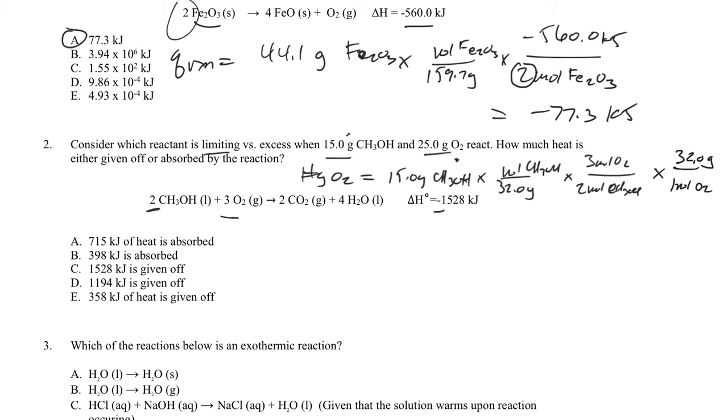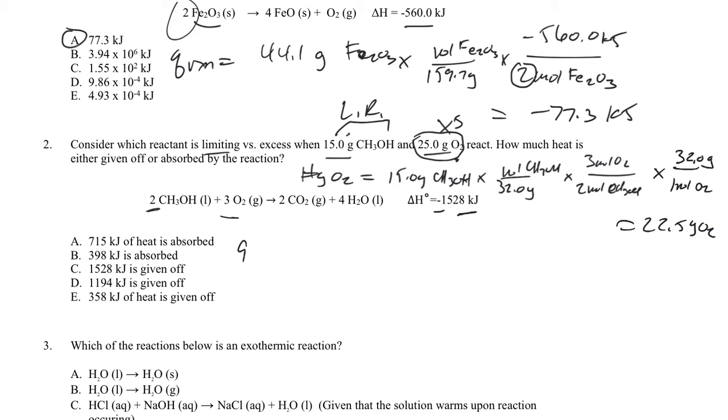So times 3 divided by 2 times 32 means I need 22.47, call it 22.5 grams of oxygen, and I have that much. So oxygen is the excess reactant, and then this methanol is the limiting reactant. So the limiting reactant is one that limits the amount of heat that can be given off or absorbed by the reaction, in this case given off.